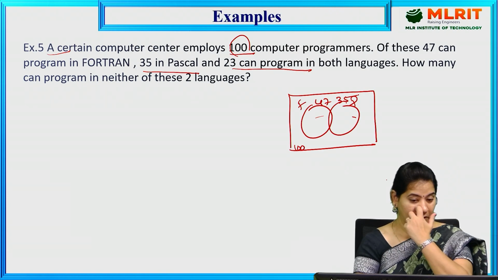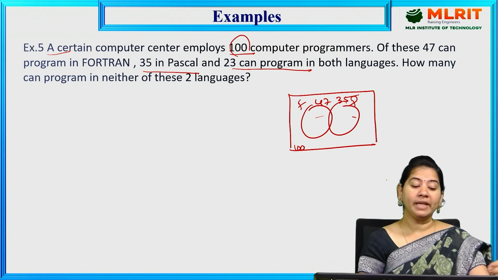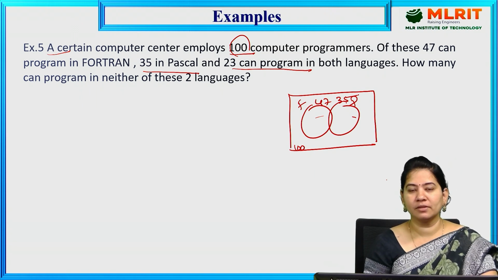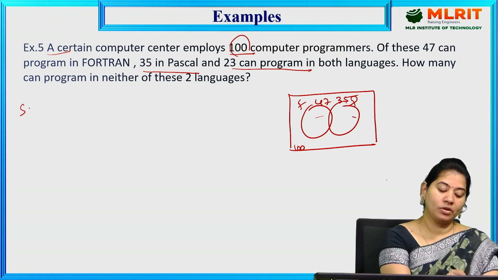Now the question here is, how many can program in neither of the two languages? So neither of the two languages means what here?